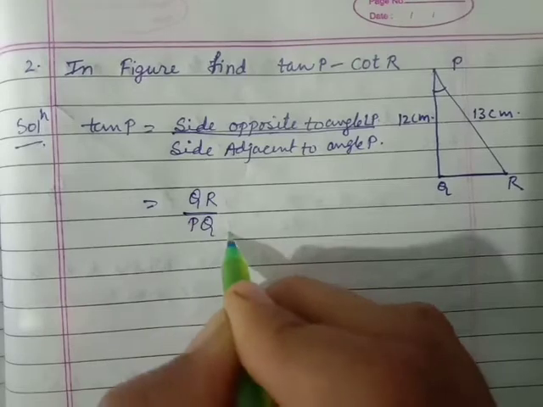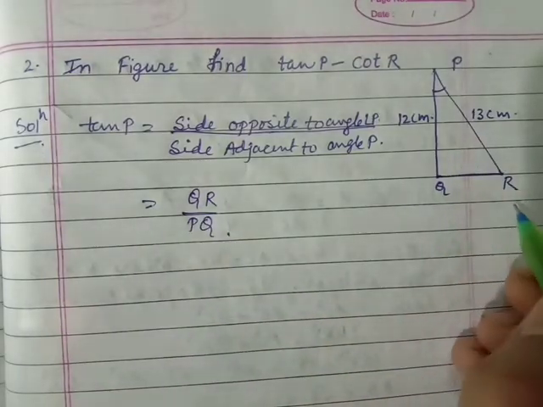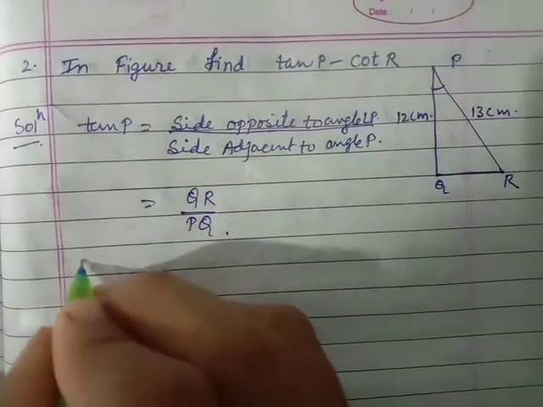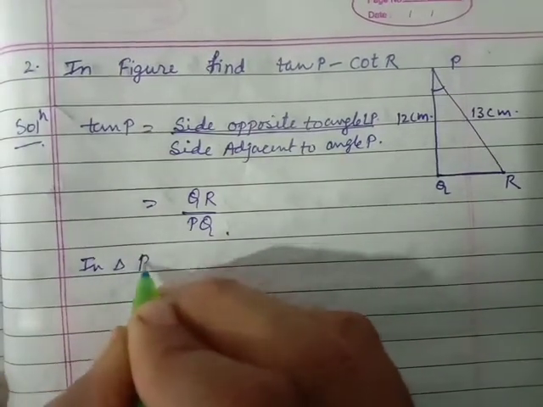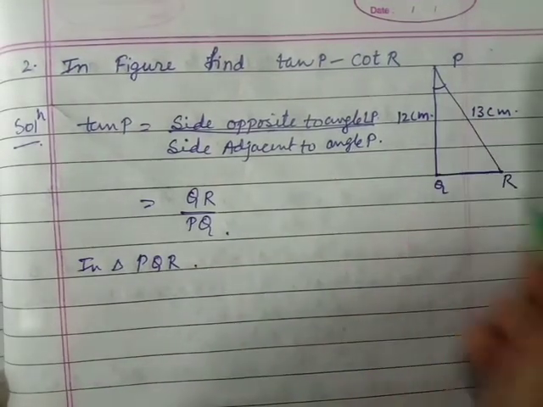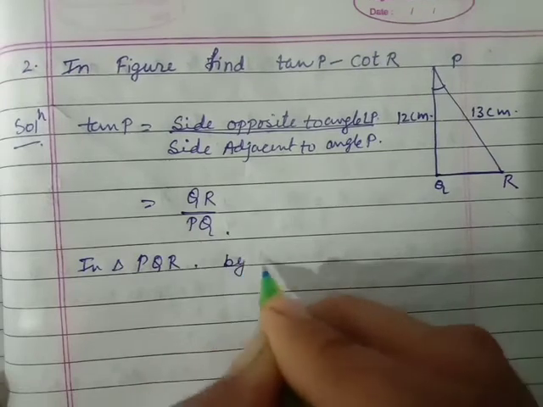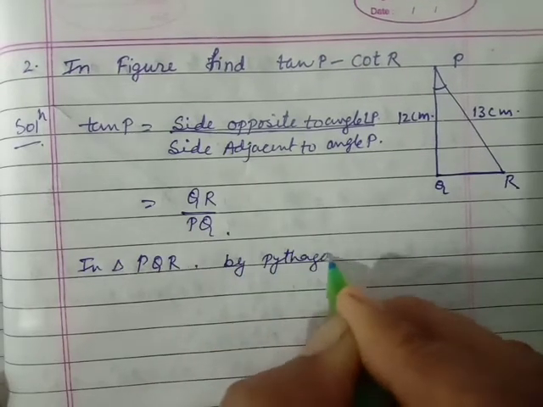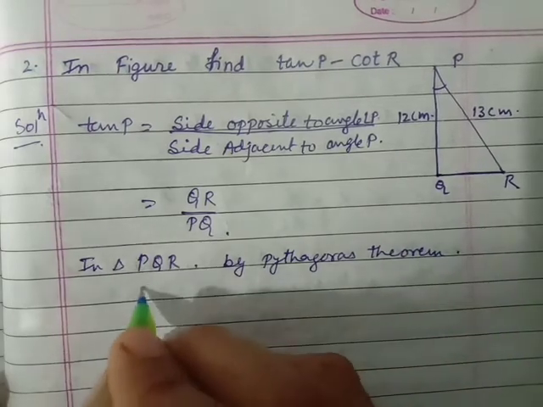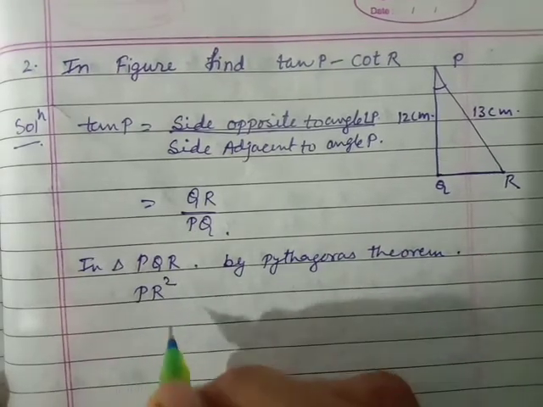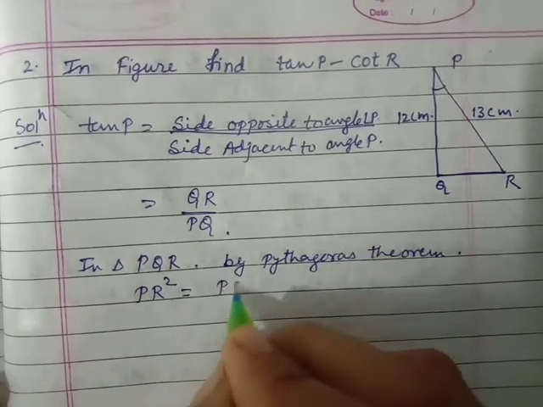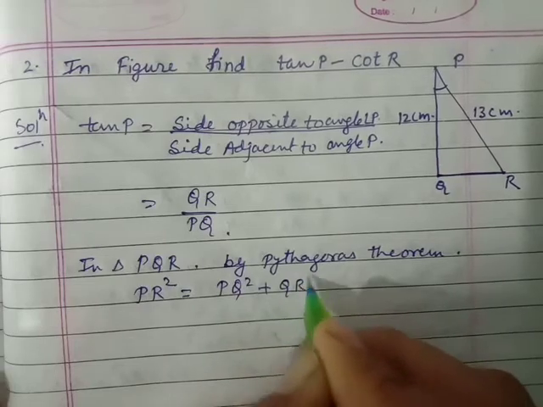See here, QR is not given to us, so we have to find this QR. So in triangle PQR, by Pythagoras theorem, PR square is equal to PQ square plus QR square.